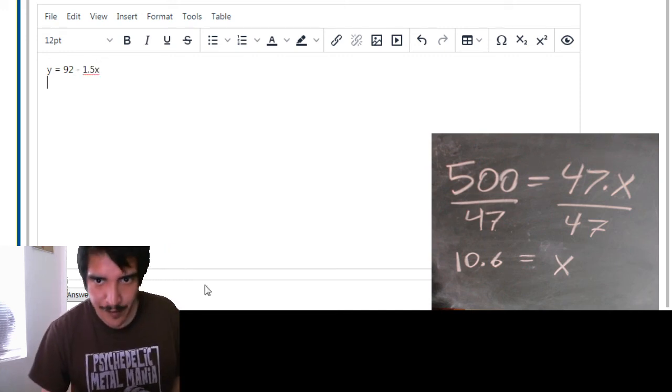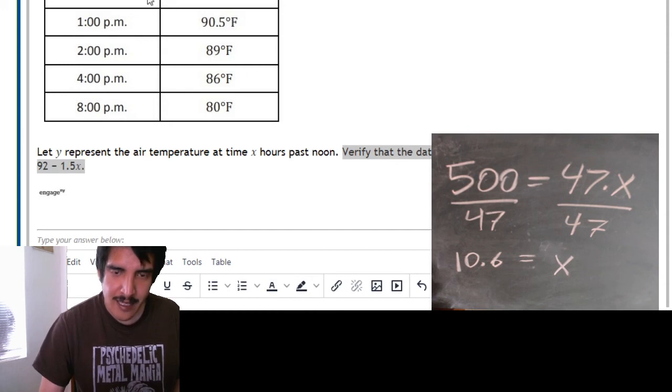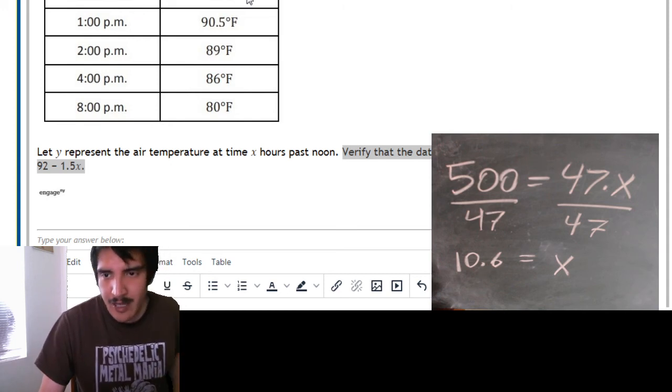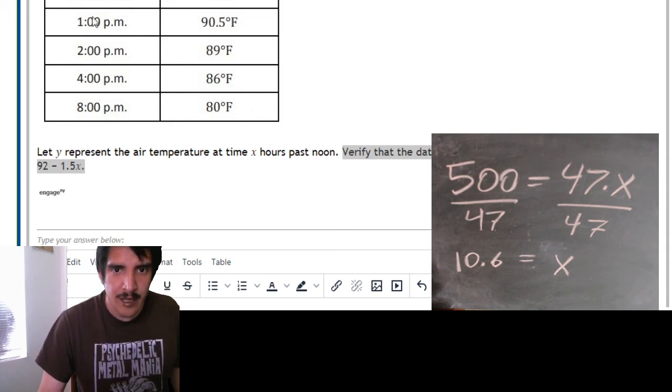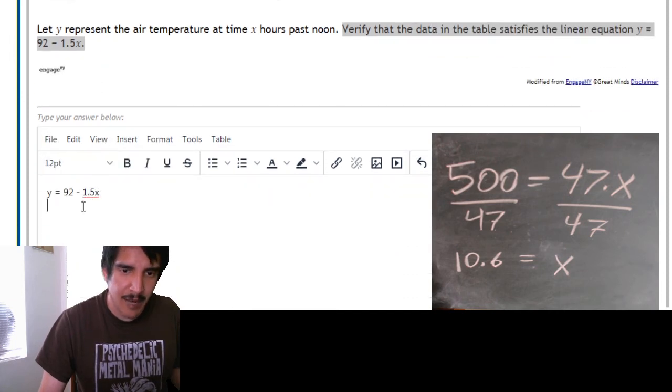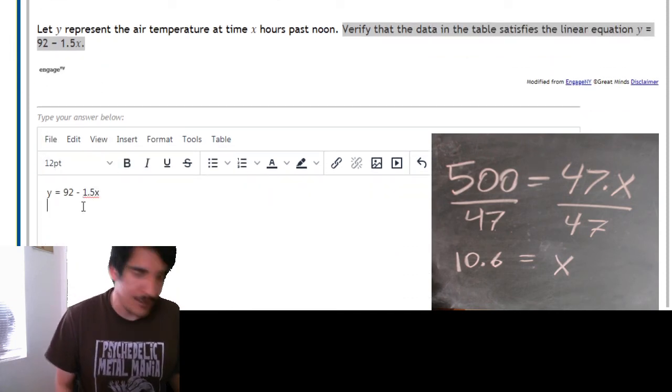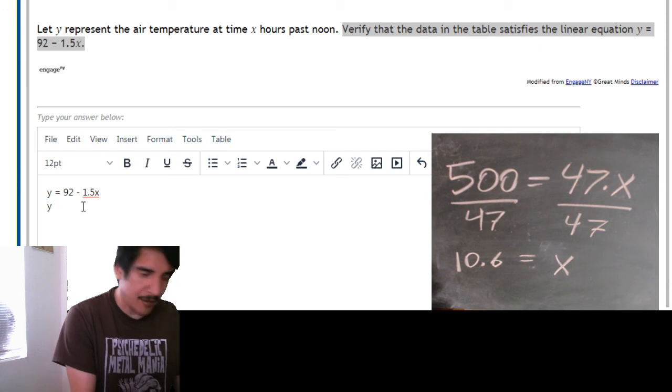Now, to verify, what they mean by that is they want you to put in the input numbers and make sure that you get the correct output numbers. So the input number for 12 noon, well, how many hours past noon is 12 noon? And yesterday we said that that was 0.